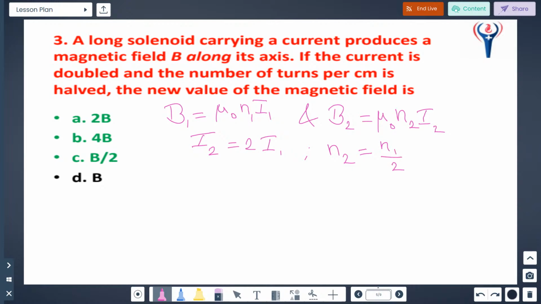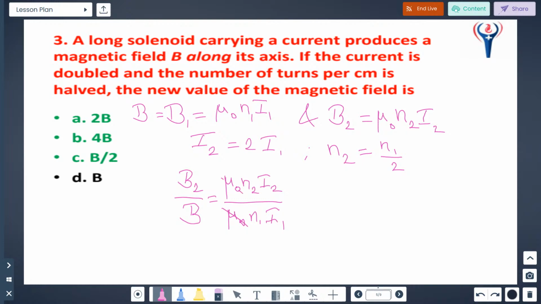We want to find B2 by B1 first, and B1 is equal to B because it's mentioned as straight away B. Then B2 by B1 or B2 by B equal to mu naught N2 I2 by mu naught N1 I1, mu naught getting cancelled.